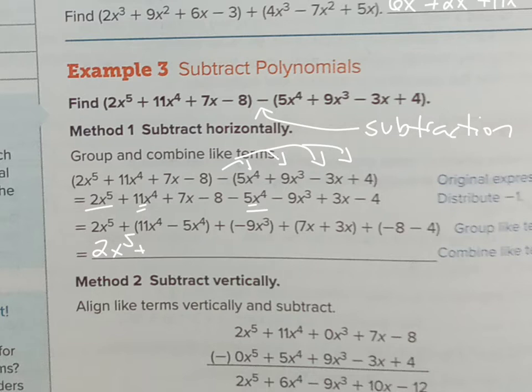It's a positive 6x to the fourth. Minus 9x cubed. There's no other x cubed in there. Plus 10x minus 12. Is this okay?